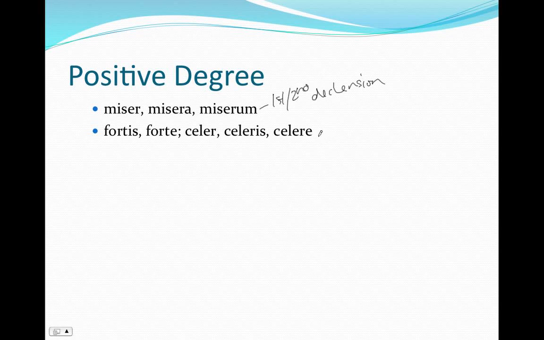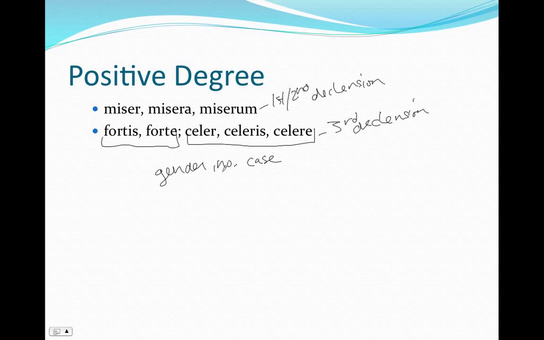And we have adjectives of the third declension. Remember, this is how they're going to decline. So we have fortis, forte, a two termination adjective, strong, and celer, celeris, celere, swift, a three termination third declension adjective. But regardless of how they decline, they're going to match the noun they're modifying in gender, number, and case.